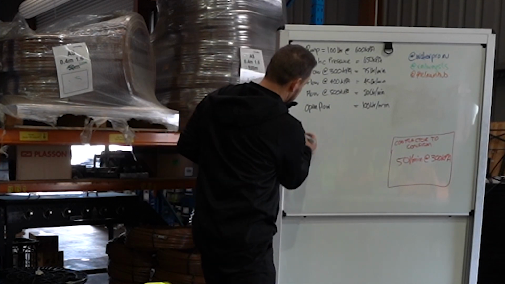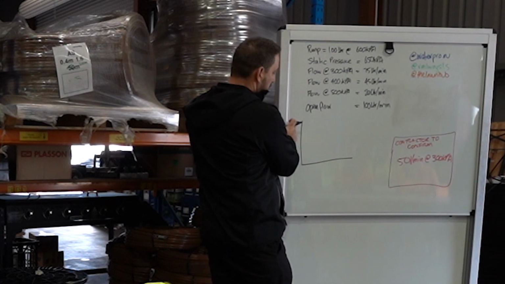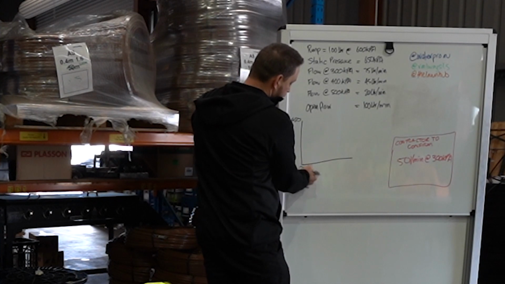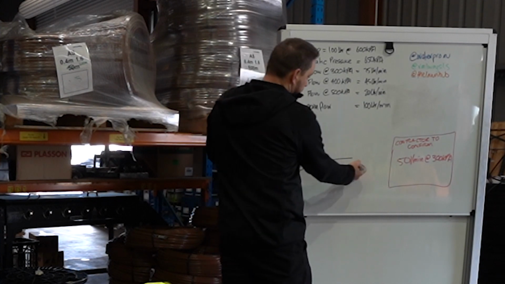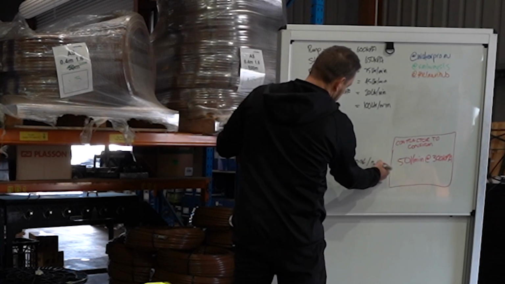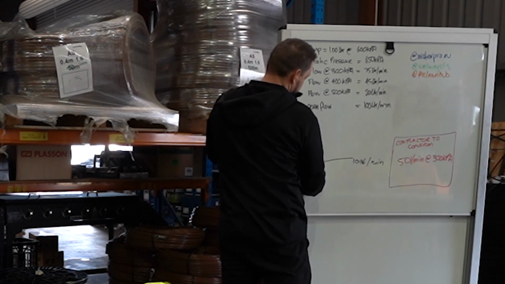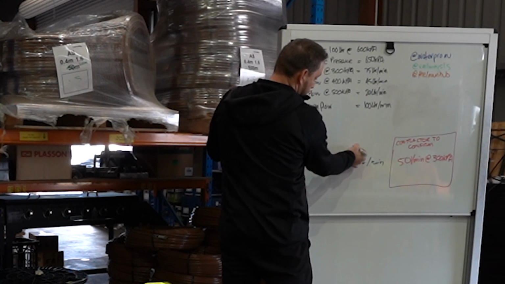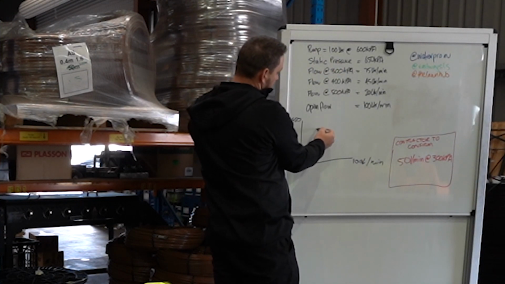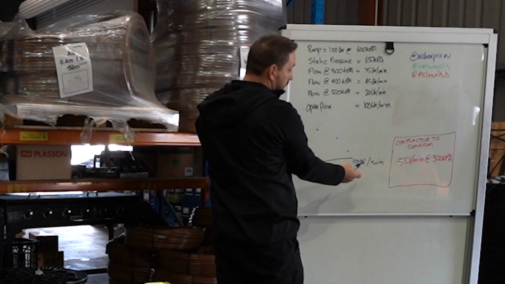If we were to graph this out, this is our 650 kPa of pressure at 0 flow from here, and then we would be at 100 litres a minute at 0 kPa of pressure here as well. And then with these 3 points, what we're seeing is something similar to that, all right?